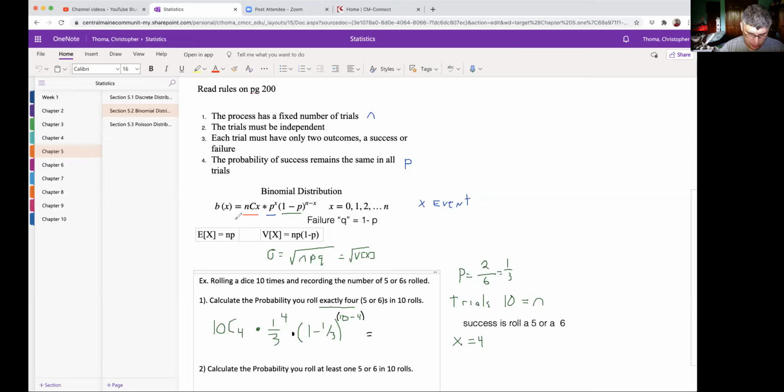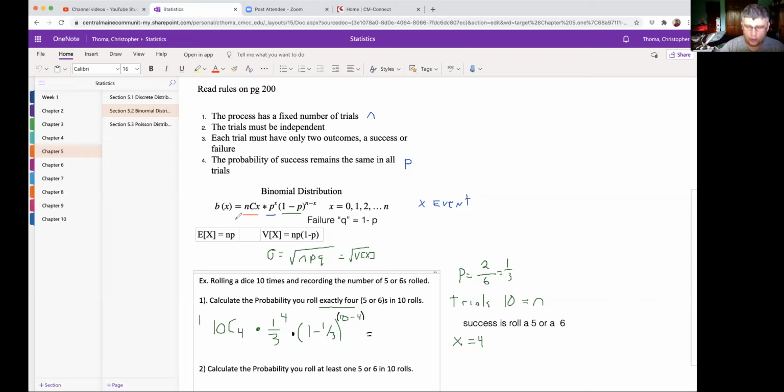Then I'm going to raise it to the fourth power, so it's the little caret key or the little x to the box on the Casio. Times, use your arrow key so make sure you're not still in the exponent, times parentheses 1 minus 1 divided by 3, close parentheses, again raised to the power, parentheses, 10 minus 4.